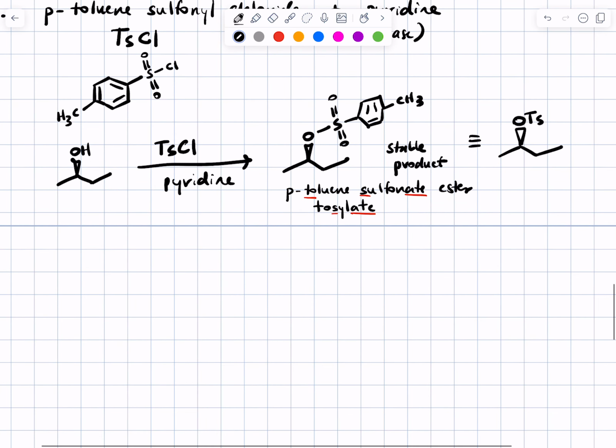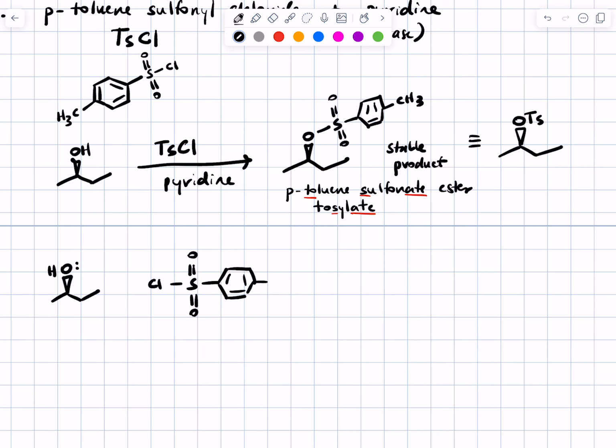I will again draw the mechanism for you, though I'm not going to hold you responsible for the details of the mechanism. It would be maybe difficult for you with this unfamiliar reagent to predict that what I'm going to show you would happen. If you, again, master this reaction at the level of starting material, reagent, and products, that should be sufficient.